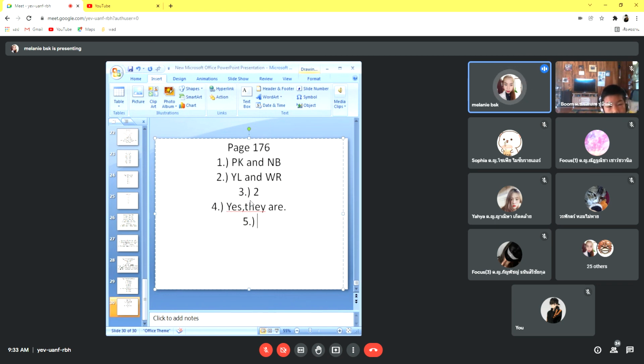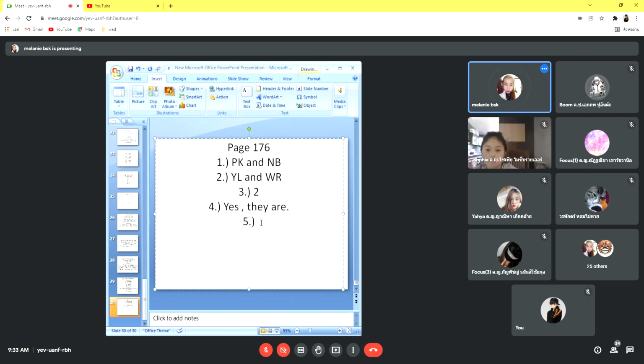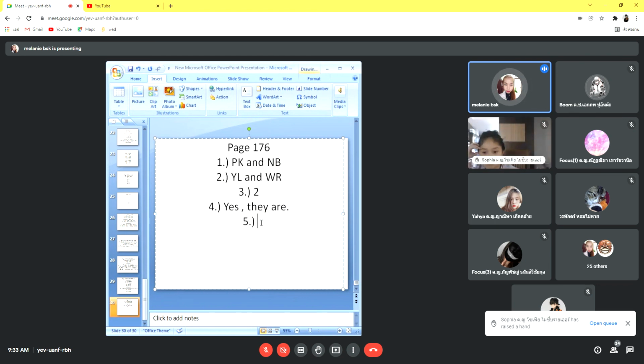How about number 5, children? How many diagonals does a square have? 1, 2, 3, or 4? A square, how many diagonals, Sophia? 1. You sure 1 only? 2 diagonals.